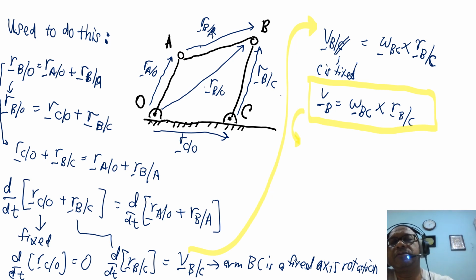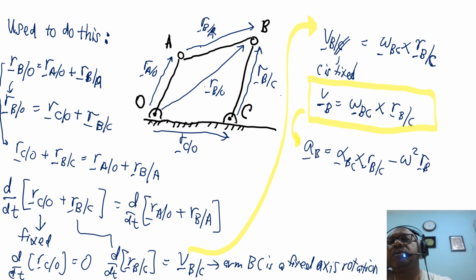Because of fixed axis rotation, we have alpha BC cross position vector B relative to C minus omega squared times position vector B relative to C. So that's also a way to look at the problem, so it will not be confusing.